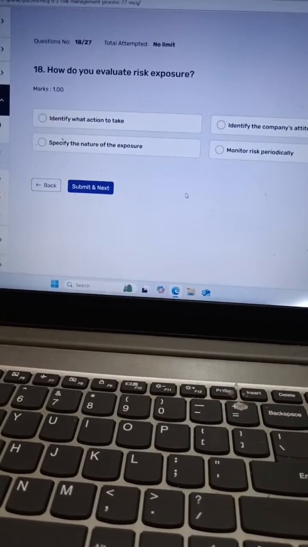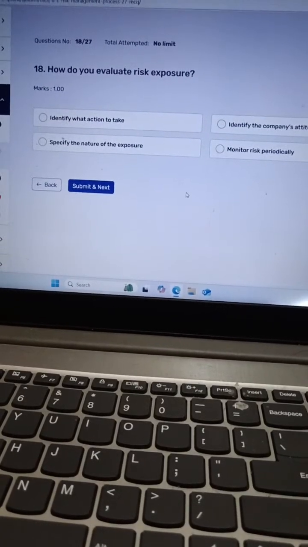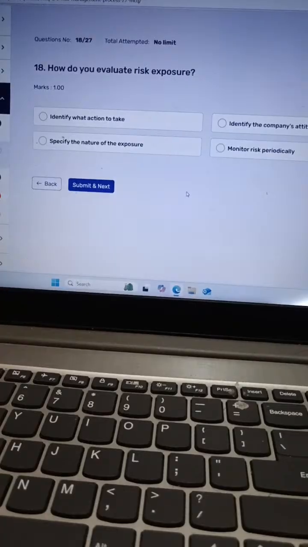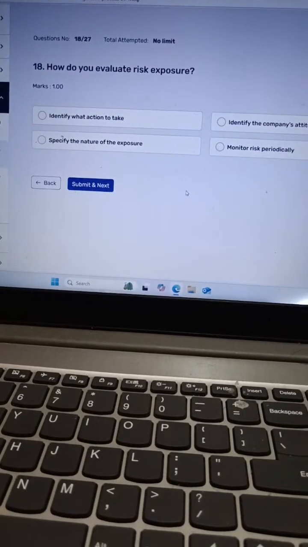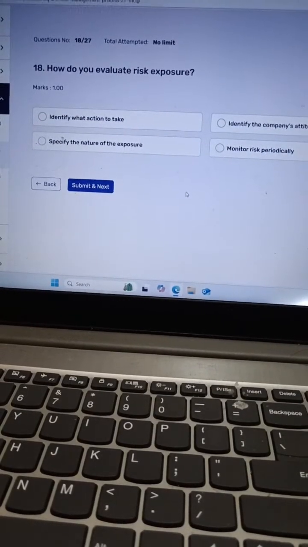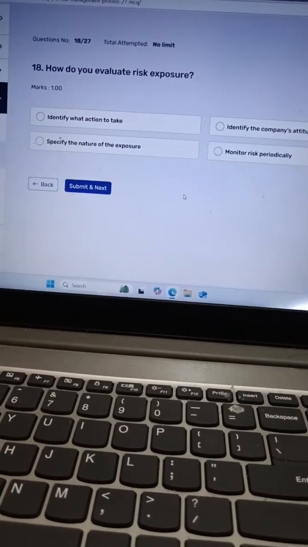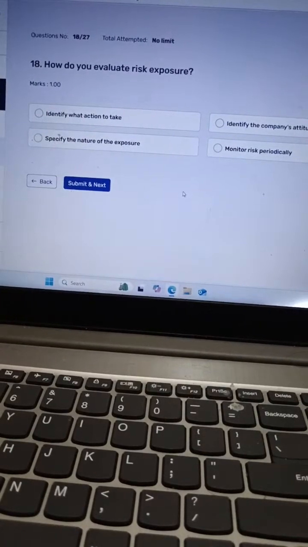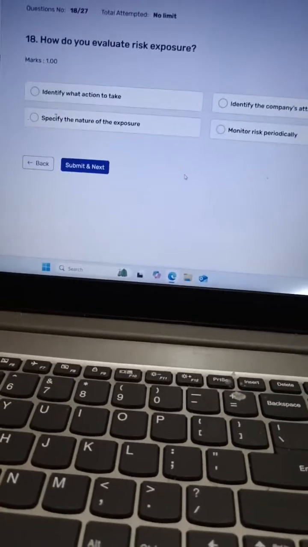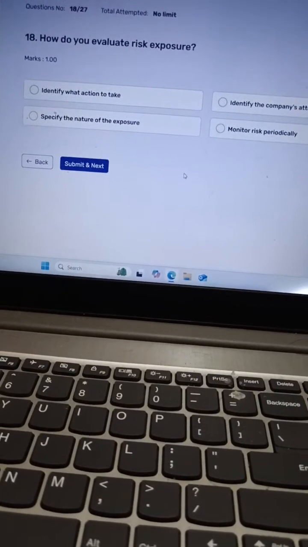We are at the evaluation level. Specify the nature of exposure. Identify what action can be taken, and identify the company's attitude to risks. Monitor is not the right option.